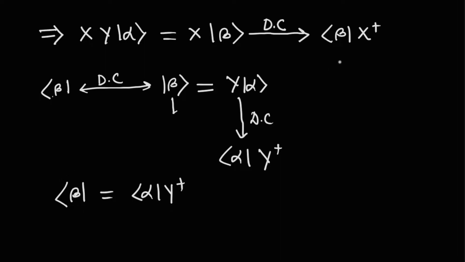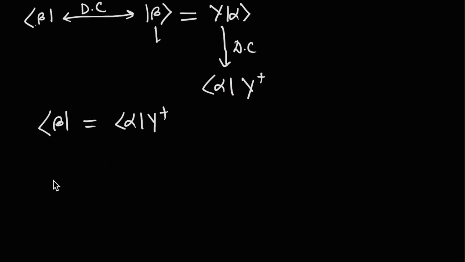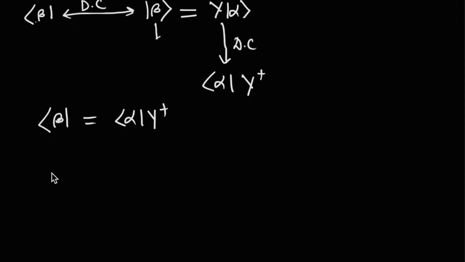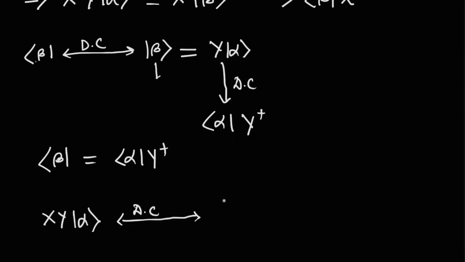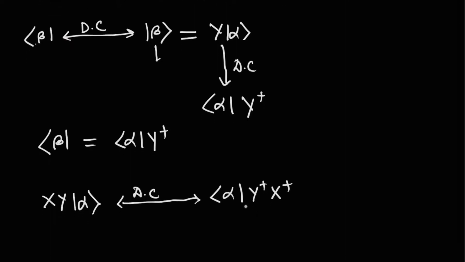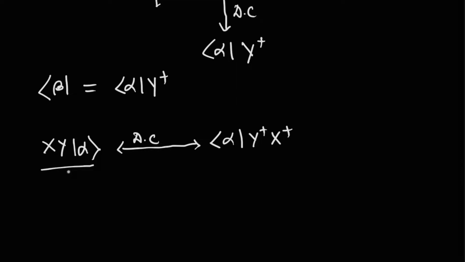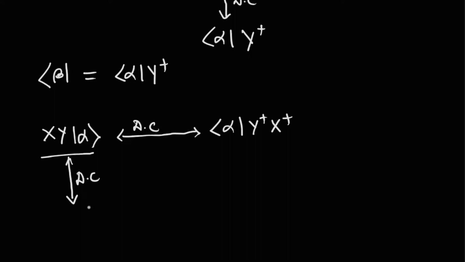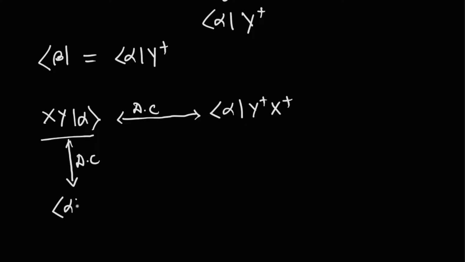If we put this value here, then we will get the dual correspondence of XY|alpha>. The dual correspondence will be <alpha|Y dagger X dagger, and from this we know that its dual correspondence is <alpha|(XY) dagger.